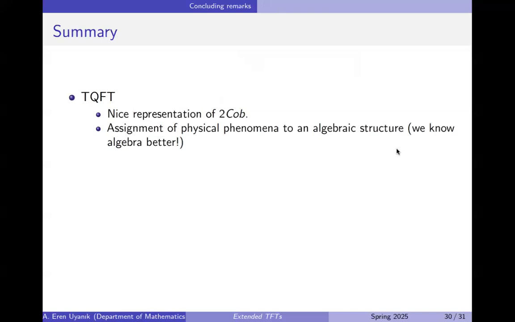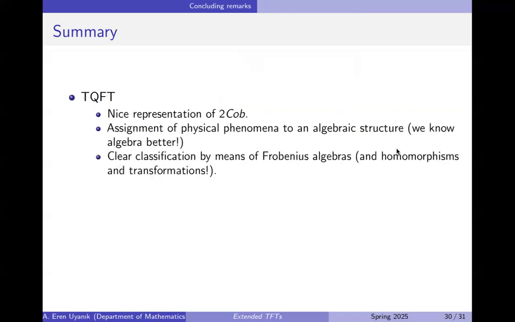We can work on Frobenius algebras, but working on TQFTs is difficult, as you see. And in dimension 2, we have the classification theorem by means of commutative Frobenius algebras.